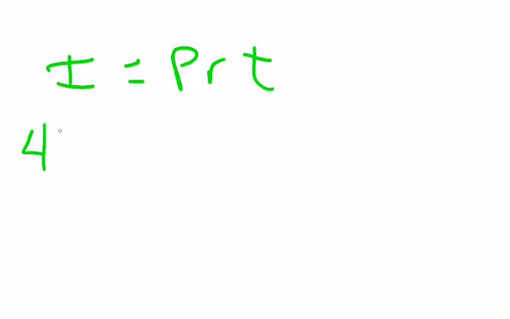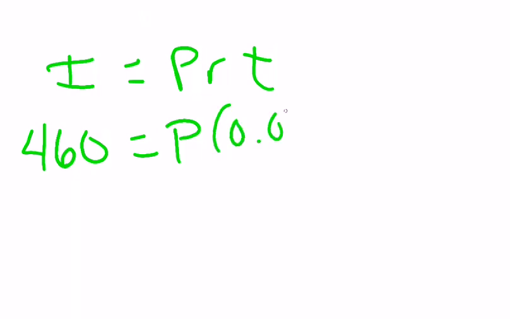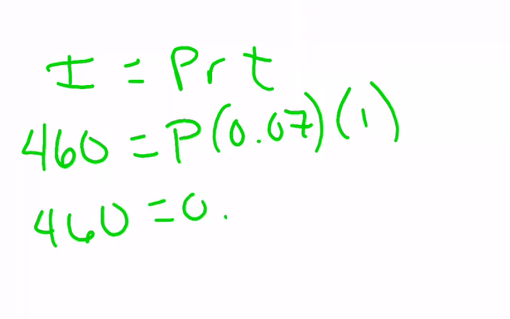So we know that there was $460 interest. P is what we're trying to find. Our rate is 0.07, because 7% as a decimal, and then times 1 year. So looking at this, it just becomes a problem for an equation we can solve.